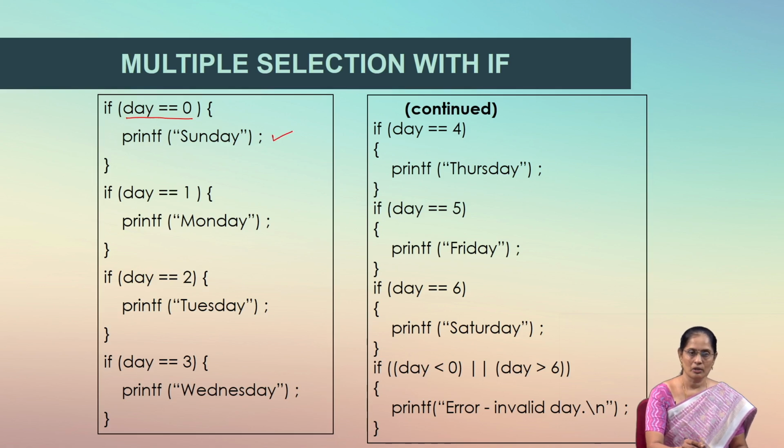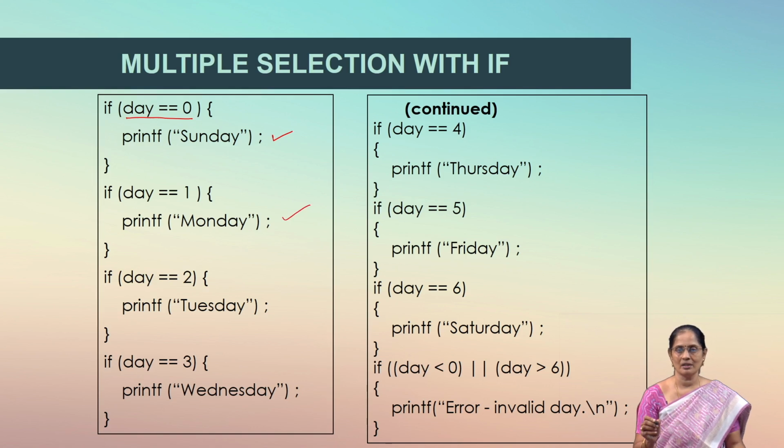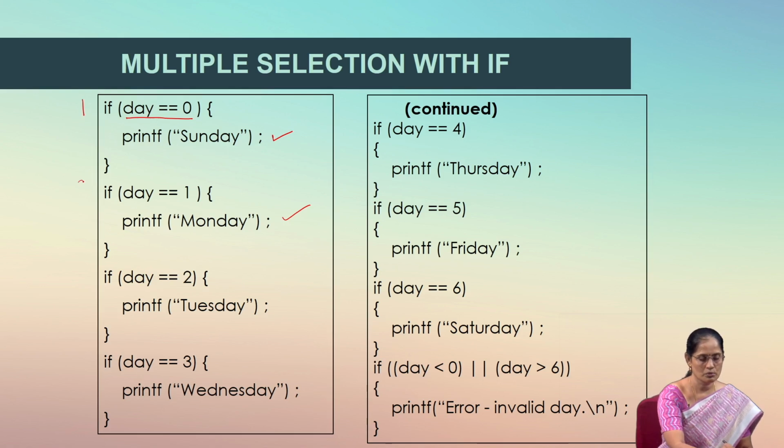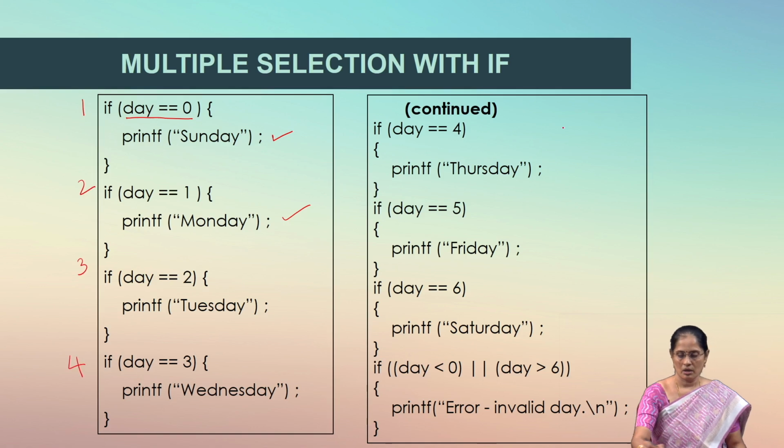If the day value is 1, we print Monday. It goes on for checking 7 days. How many if statements are we supposed to have? 1, 2, 3, 4, 5, 6, 7 and 8.